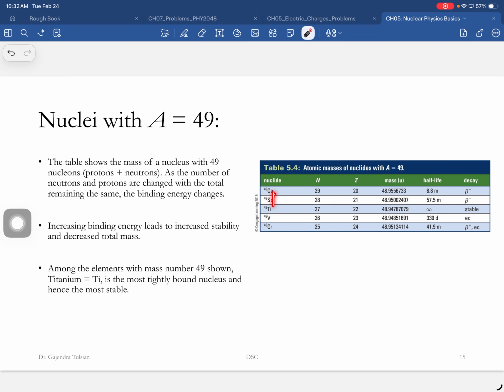All elements beyond bismuth, atomic number 83 in the periodic table, are radioactive. They're naturally occurring, but they're all radioactive. All these ones are man-made.